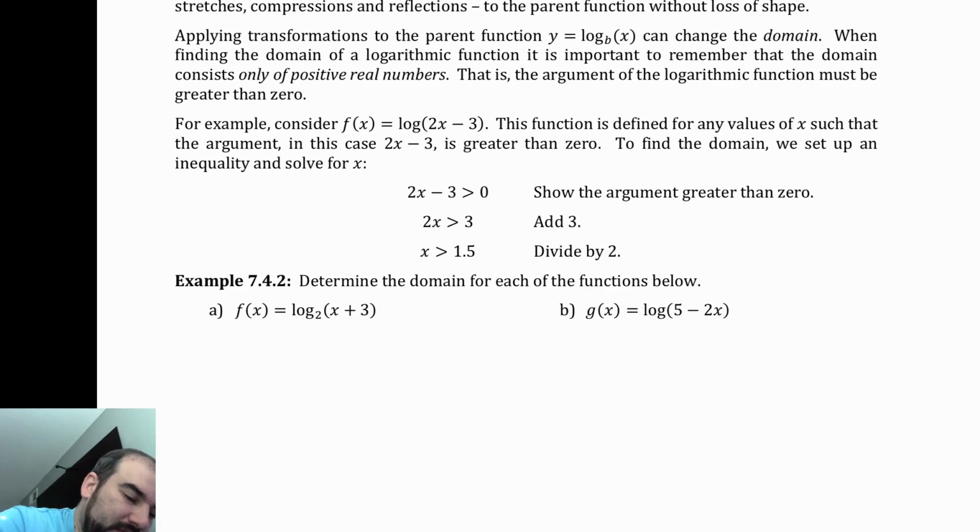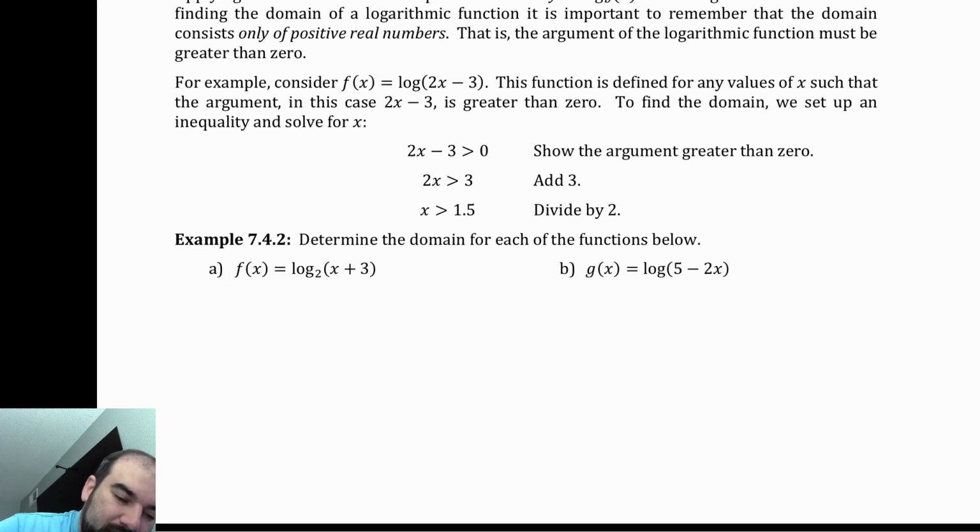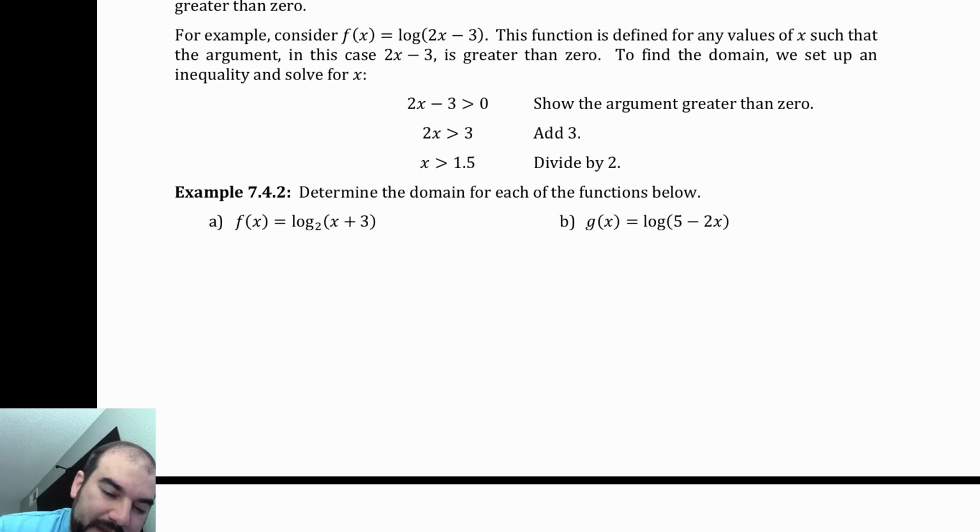Domain-wise, the domain of logarithmic functions is restricted because the range of exponential functions was restricted. So when we switch from exponential to logarithmic, we get a switch in the domain and range. So we do have to worry about domains.